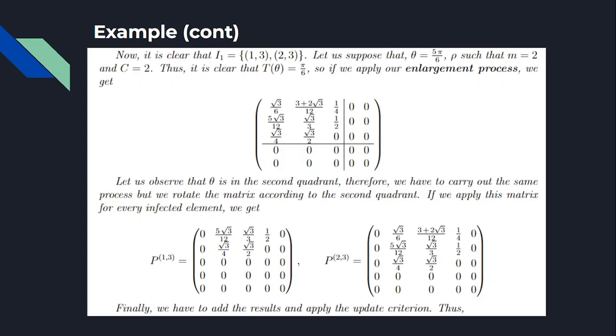Moreover, the power is in the third part of our partition, so m will be equal to 2, and we will have to expand our matrix in order to get two non-zero rows and columns through our recurrence, where the constant c is 2. After that, we will rotate this matrix using the second quadrant orientation, so we will get a matrix like the one we can see here.